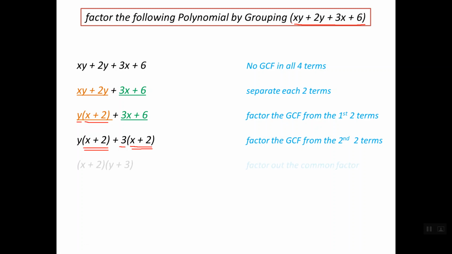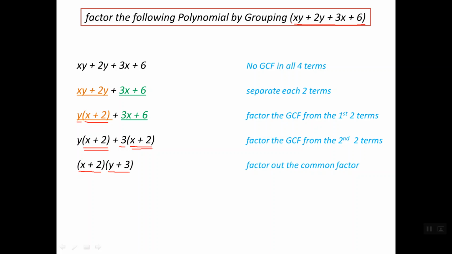So we can factor out this common factor which is the x plus 2. So the remaining from the first term, which is the y multiplied by x plus 2, is y. The sign is plus. And the remaining from 3 multiplied by x plus 2 is 3.